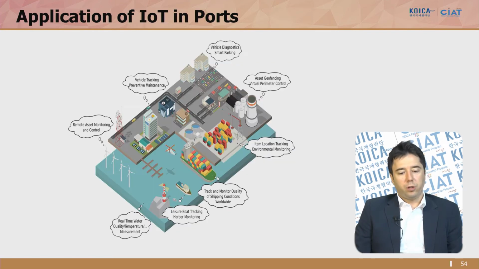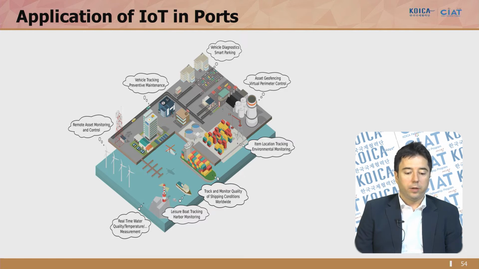So the applications of IoT in ports are wide, as we were saying. And here there is a figure that quickly summarizes some examples. They are not limited to only these examples, but I think they can be quite insightful. For example, IoT in ports can be monitoring real-time water quality, temperature, and measurement. And that's very important. We can measure water quality, we can measure even currents, we can measure the water level if there are tides in the port area.